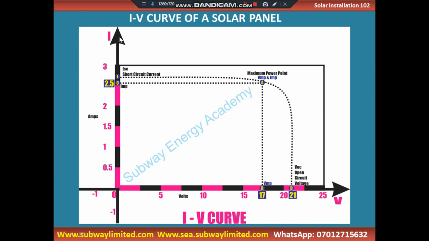So here is your IV curve. This is an IV curve of a 12-volt solar panel, and you know that the voltage is always plotted along the horizontal axis, whereas the current is plotted along the vertical axis.